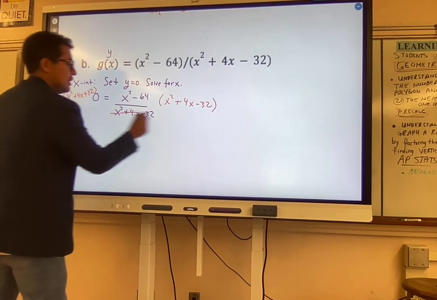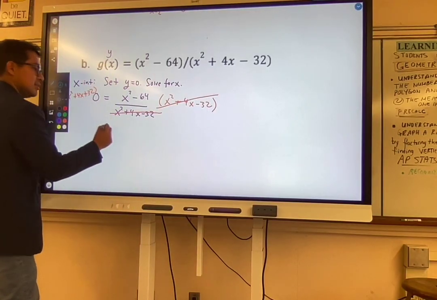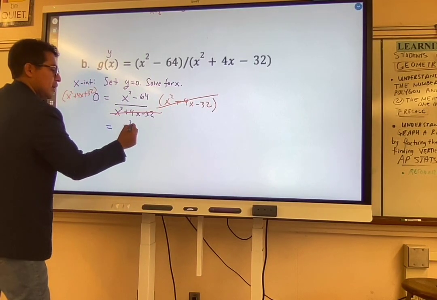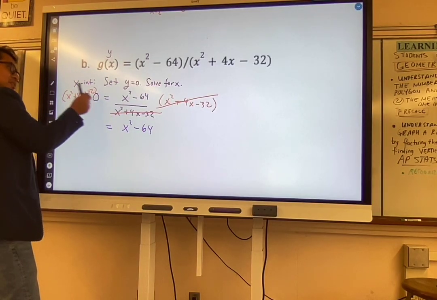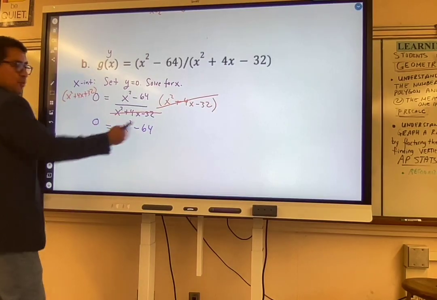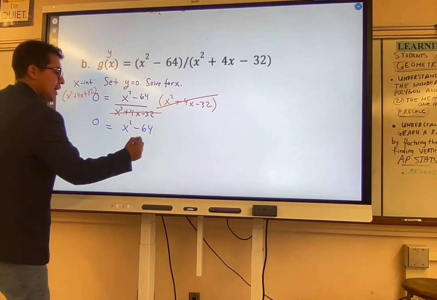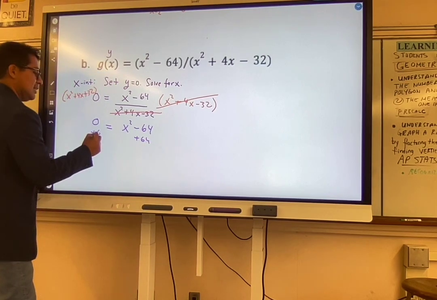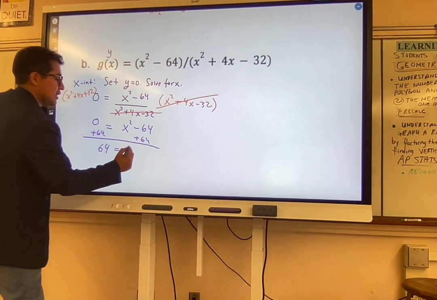When I do that, that clears the bottom there, and what remains is x squared minus 64 on the right-hand side. On this side, remember, 0 times anything is 0, so we basically just get rid of the bottom. We just focus on the top. If 0 equals x squared minus 64, if I add 64 to both sides to try to isolate the x, that leads me to 64 equals x squared.